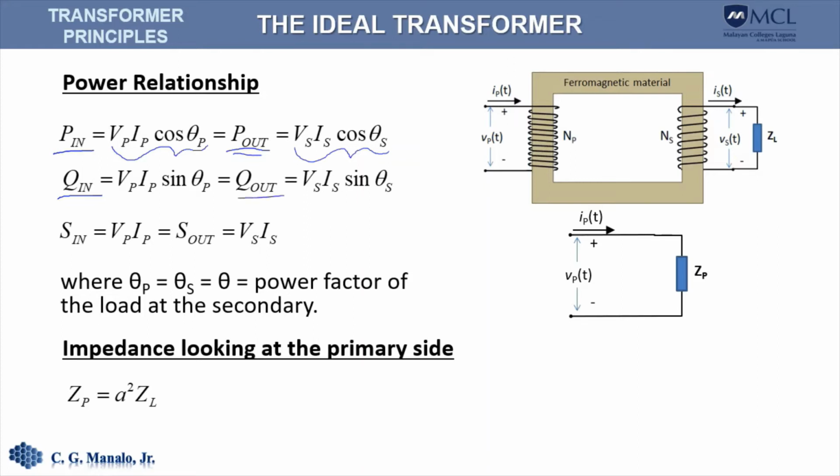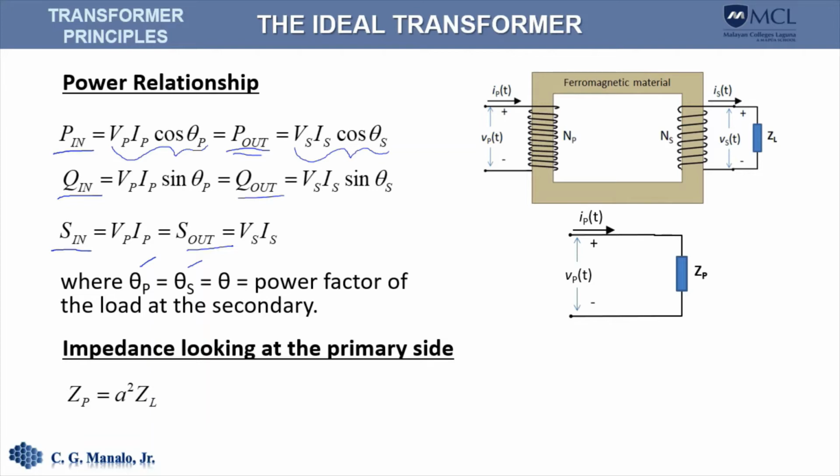And the same goes for the apparent power. Whatever comes in must come out. Take note that with these relationships, the power factor angle at the secondary must be equal to the power factor angle at the primary.